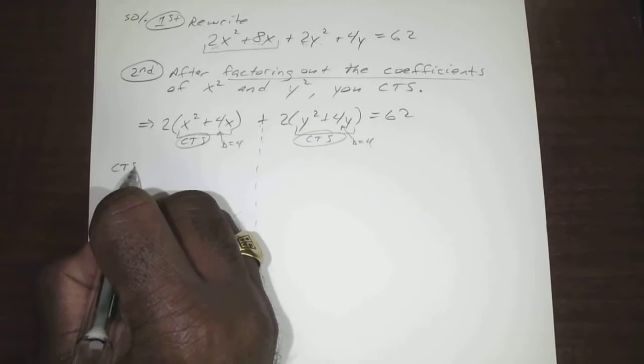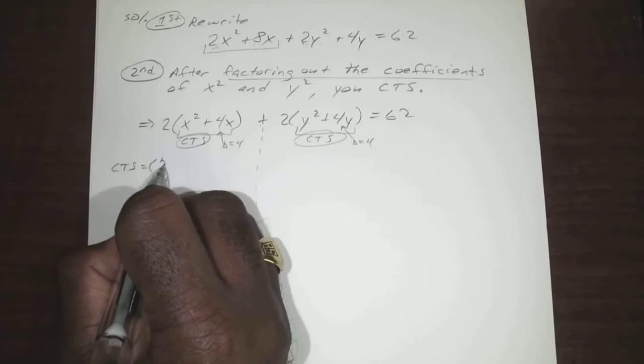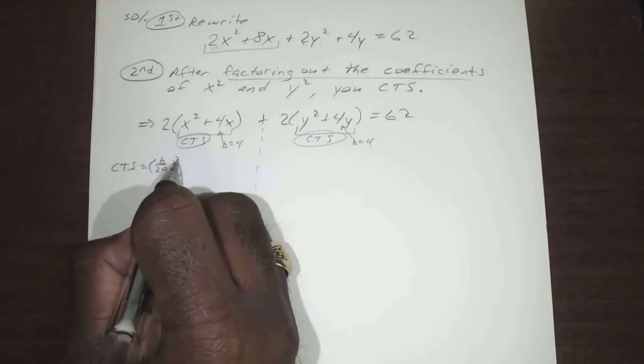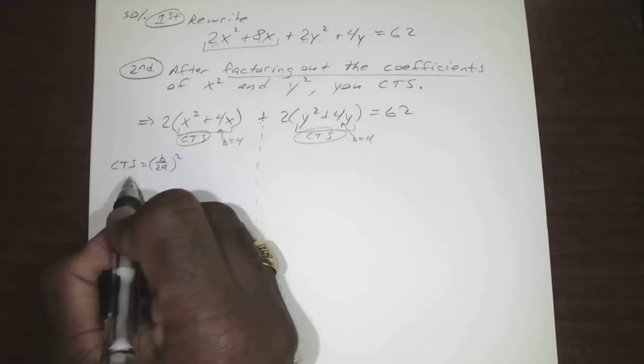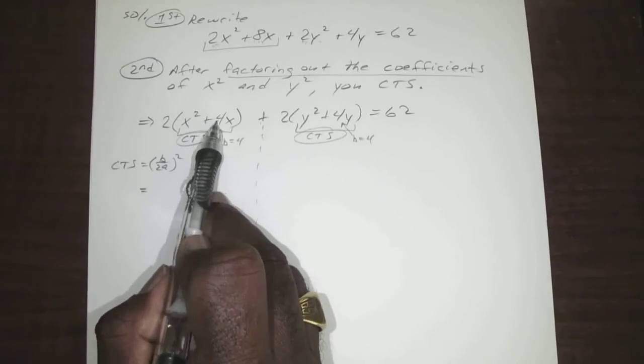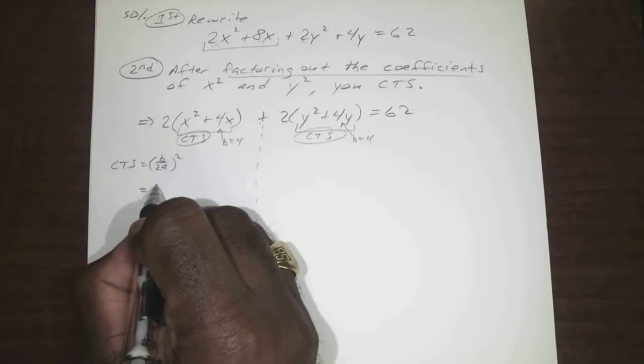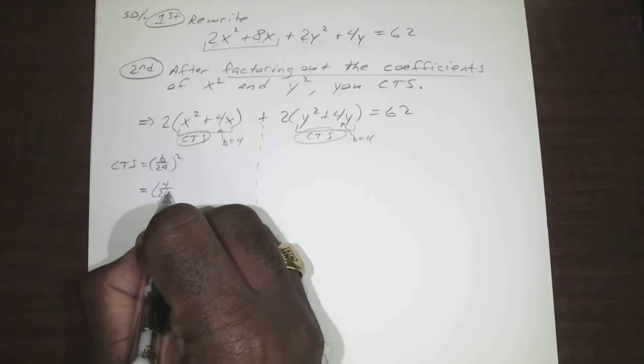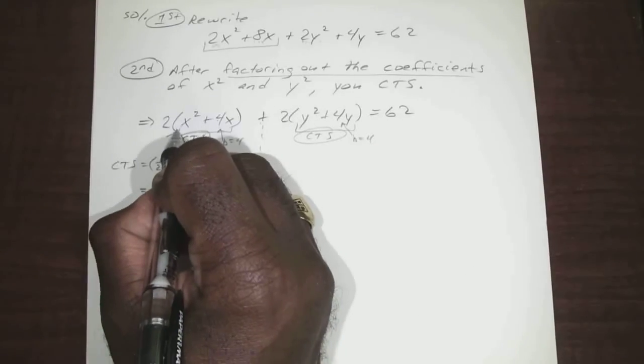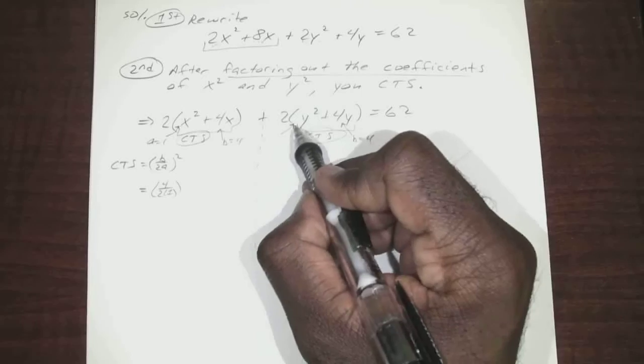Okay, so remember our completing the square is b divided by 2a, squared, which is 4 divided by 2 times 1, squared. Oh, forgot to put a is equal to 1. And for this one, a is equal to 1.